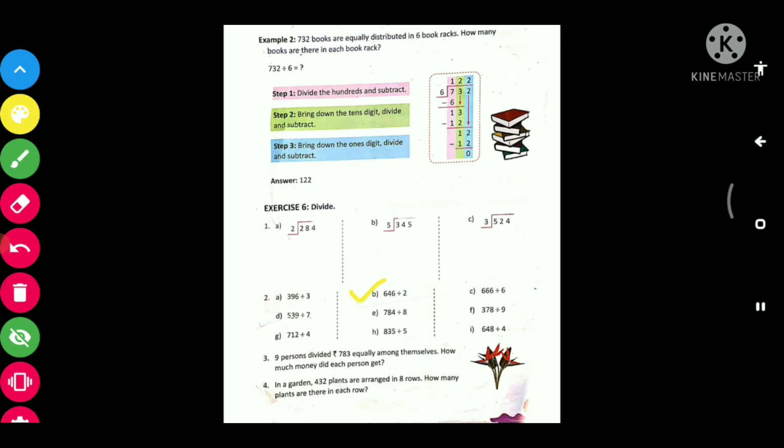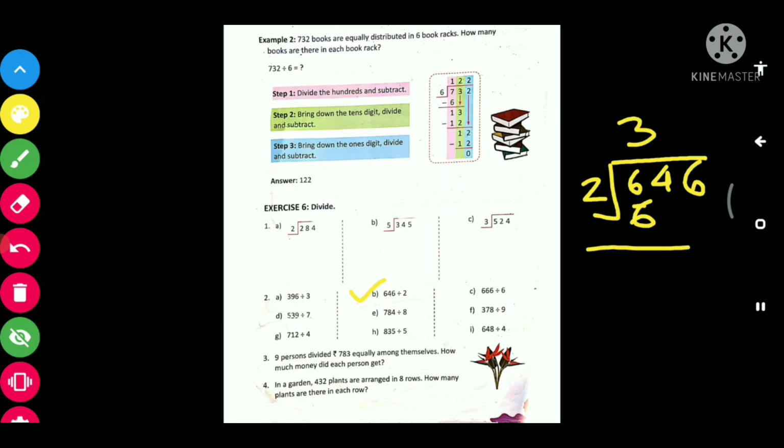Now see the B part. The dividend is 646 and the divisor is 2. First of all, we'll see this place value, right? 6 is there. Now this number is greater than the divisor, so we'll take only this number. We'll divide first of all this number. So 2 3s are 6. After subtracting, we'll get 0, and this 4 will now come here, right?